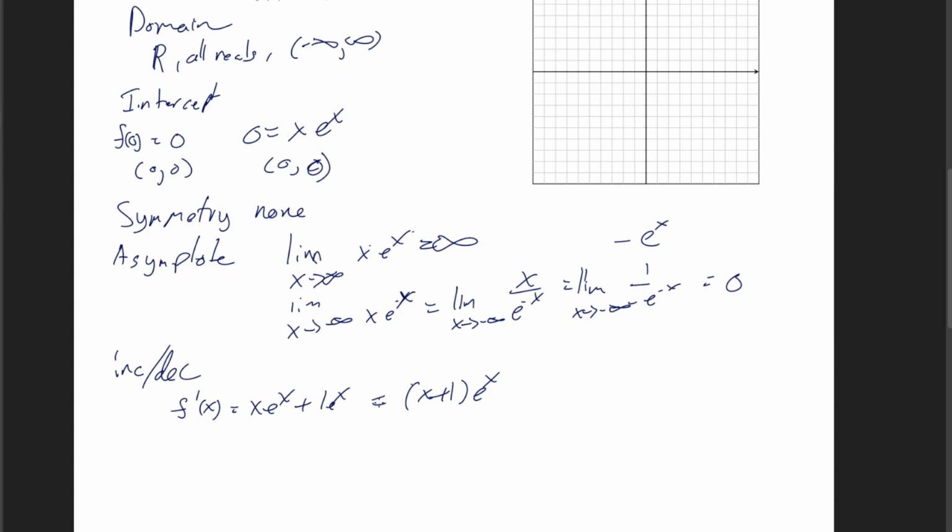And so where is this 0? So we set this equal to 0. So 0 equals (x plus 1) e to the x. X can never be equal to e to the x, so this is 0 when x is equal to minus 1.